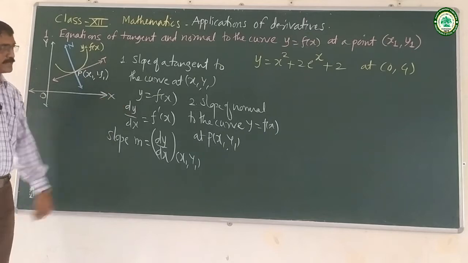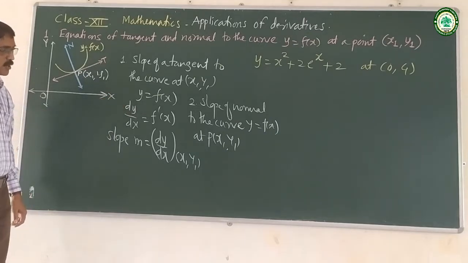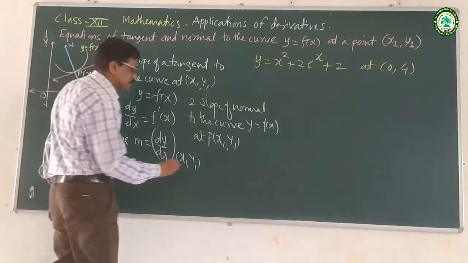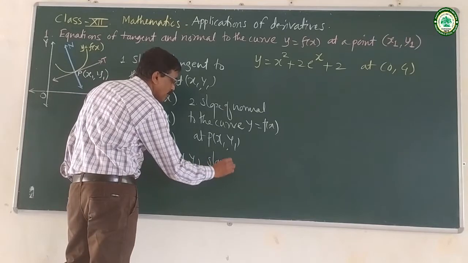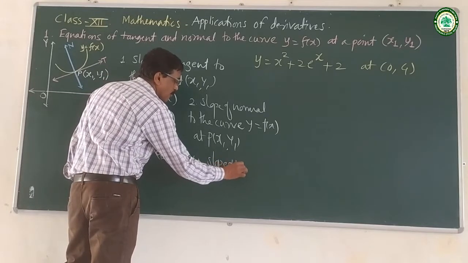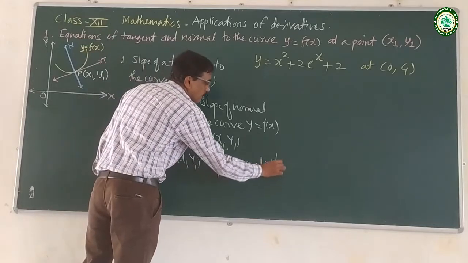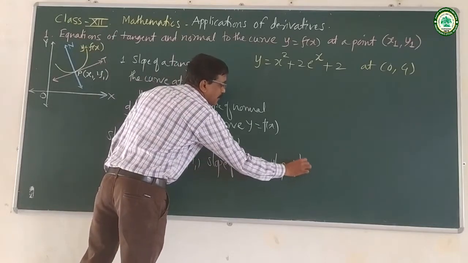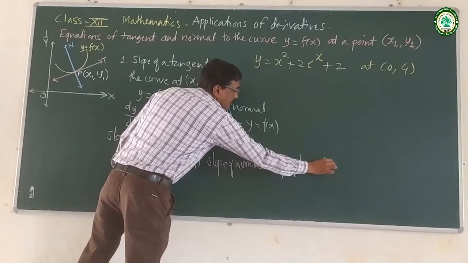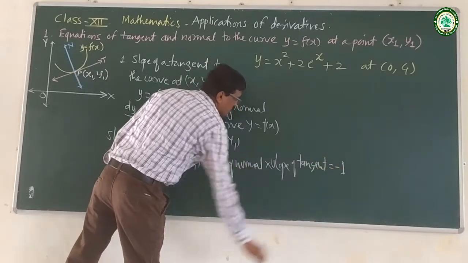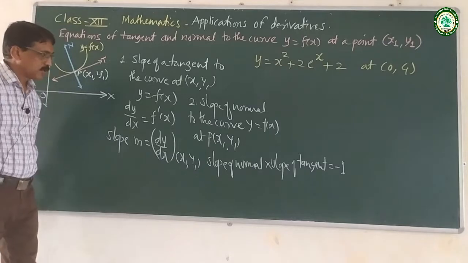Now how to find slope of normal? We know that slope of normal into slope of tangent is equal to -1 because these two lines are perpendicular to each other.